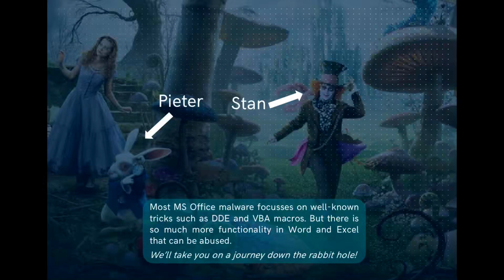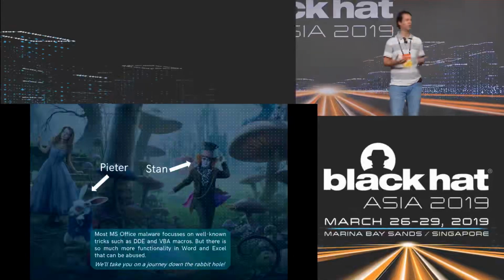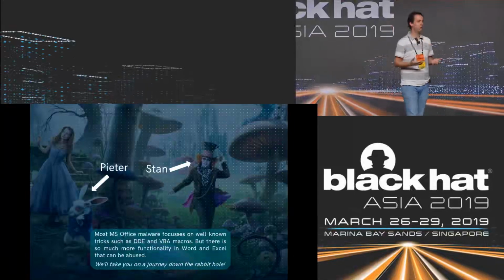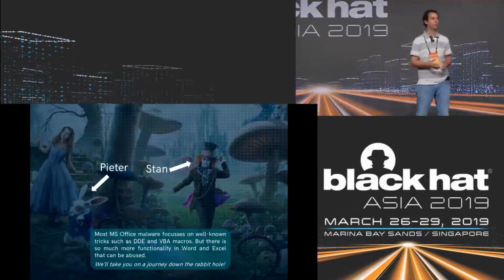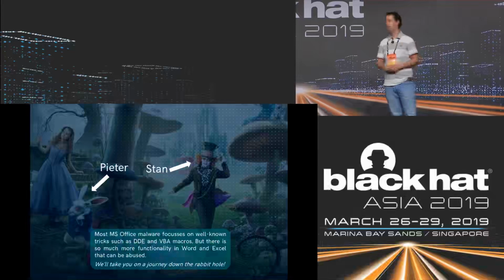We are red teamers for Outflank, a small company in the Netherlands. We perform adversary simulation, advanced pen testing. And in that process, we often use Microsoft Office, one, to write reports, but also to send malicious documents to our clients, to our targets.